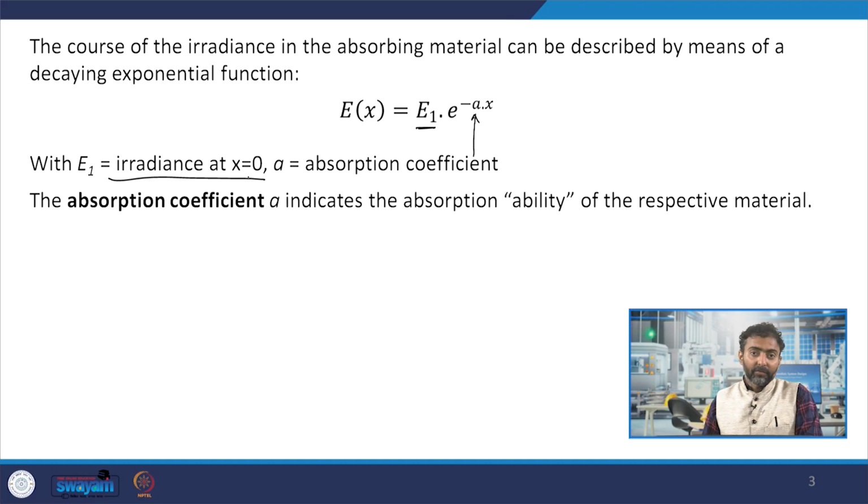It is not so straightforward, because if you have a very high value of alpha, it means that the radiation will be absorbed very much in the upper layers of the solar cell. So if you have a solar cell schematic, right in the upper layers, a lot of absorption will happen, the higher the value of alpha.